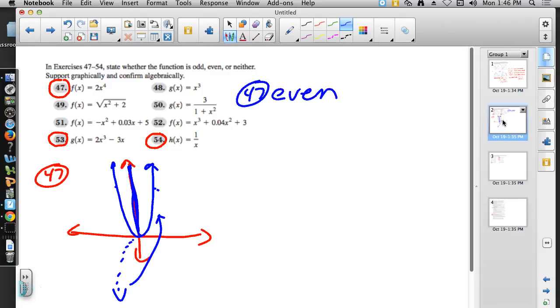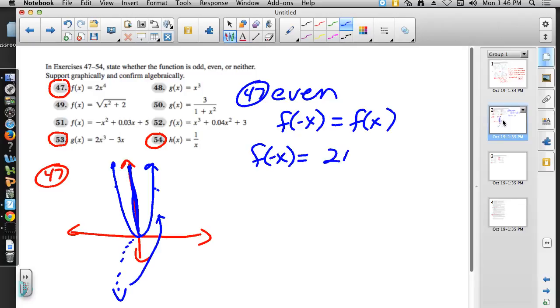That is even. And then supporting graphically would be just show the visual, show me a graph of what you saw. Confirm algebraically would mean that we believe this, that f of negative x equals f of x. Well, what we need to do is take f of x and plug a negative into that function, and then realize that negative or positive of anything to the fourth power is still going to be positive.